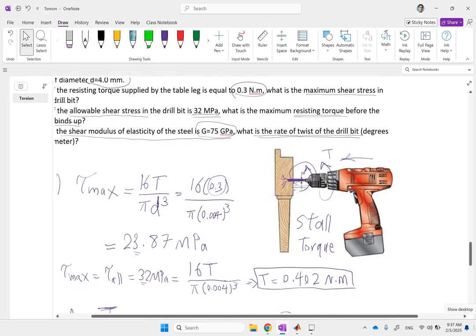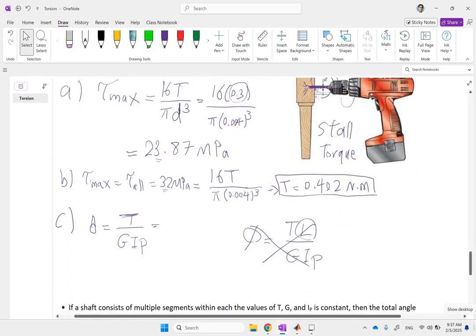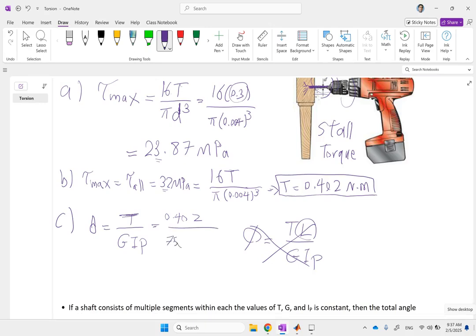And the thing is, what T to use? If you use the T from case B, so this is 0.402, and this is 75 times 10 to the 9. That was gigapascal. And IP, remember, it was pi over 32 d to the 4.